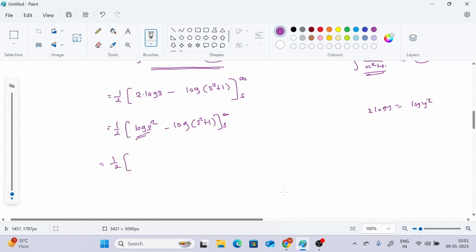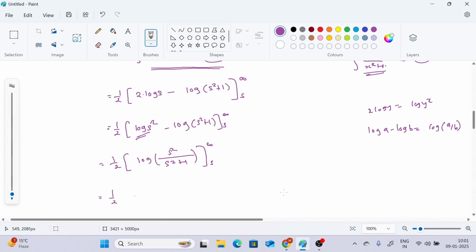Now I am going to use another formula: log a minus log b is equal to log a by b. So log of s square upon s square plus 1, s to infinity.